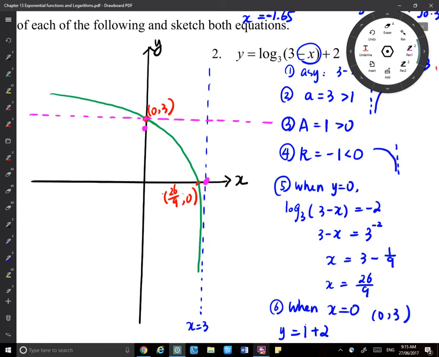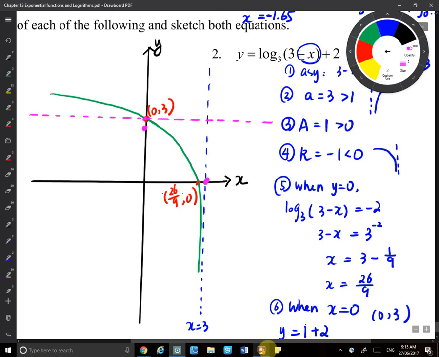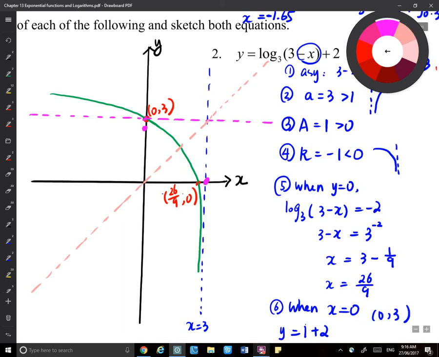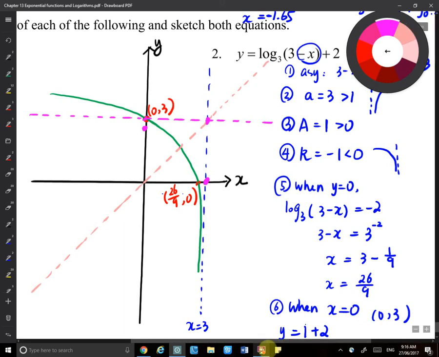And also you will have, reflect by the line y equals x. Okay, it's reflected by this line. So a point where the graph intersects the line y equals x, the inverse will also pass through that point as well.